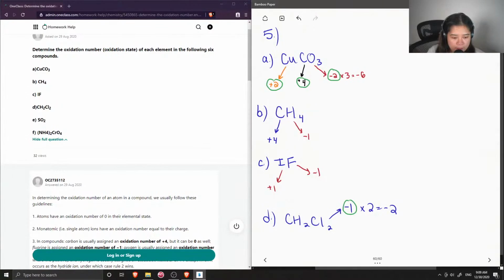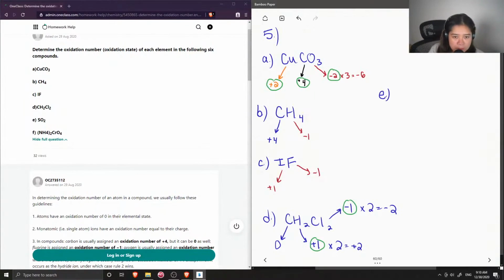In the case of hydrogen, typically has an oxidation number of +1. But again, there are 2 hydrogen atoms, so I'm going to multiply this by 2, and you get +2. So now you'll see that the hydrogens and the chlorines cancel each other out. So that means the oxidation number of our carbon would just be 0.